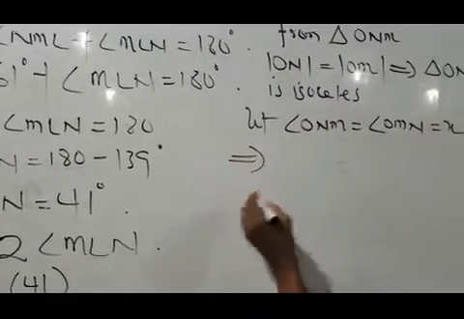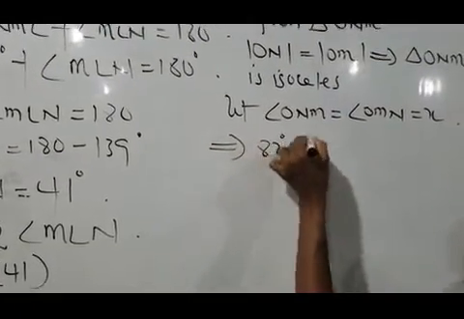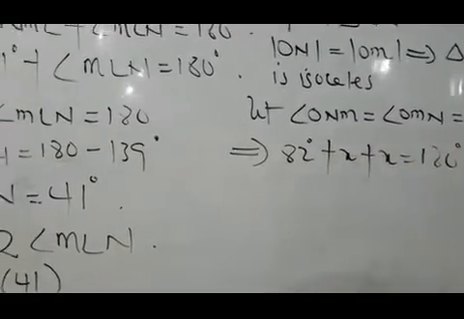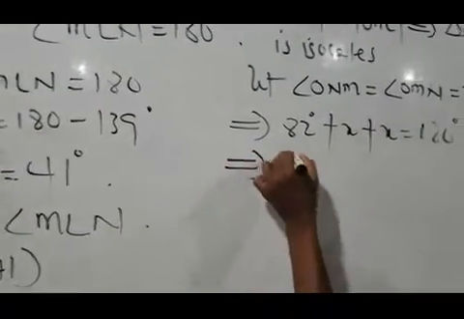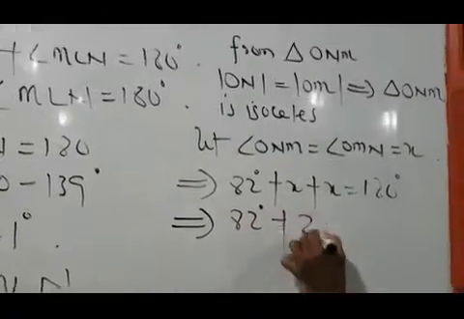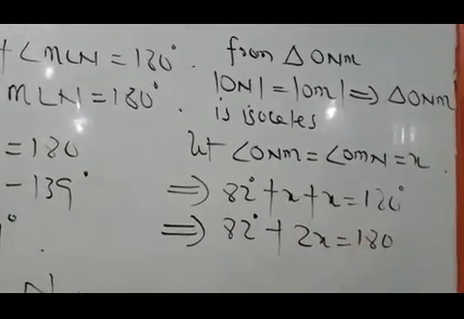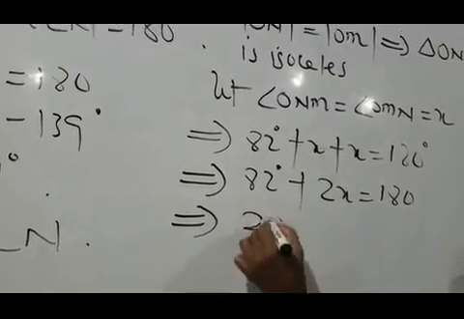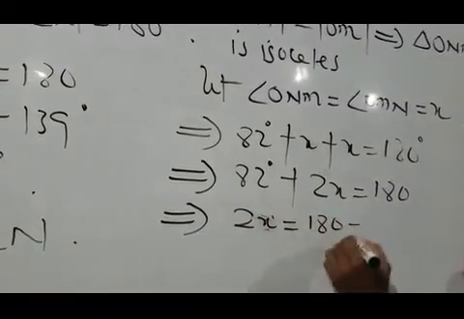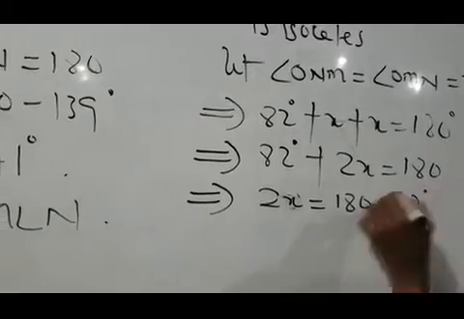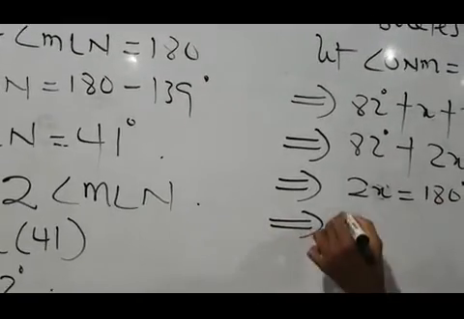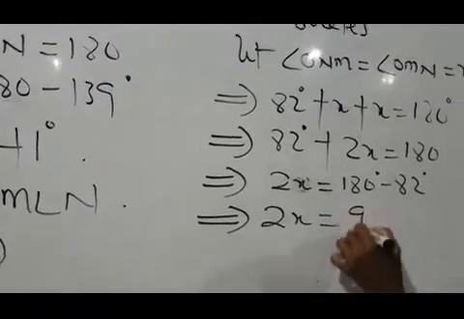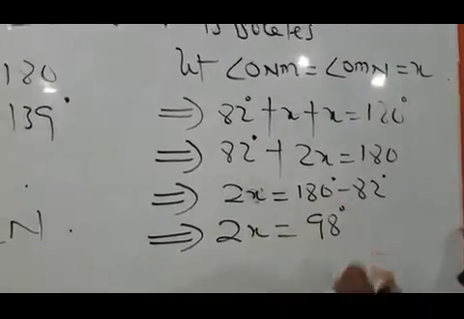So this implies 82 degrees plus x plus x is equal to 180 degrees. 82 plus 2x is equal to 180. 2x is equal to 180 minus 82. 180 minus 82 will give you 98 degrees.